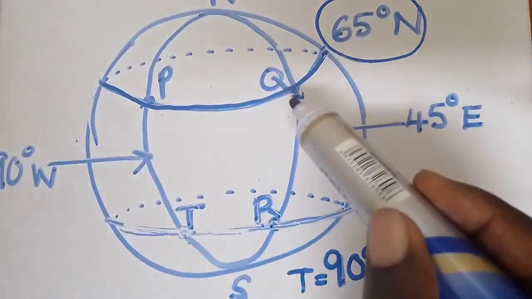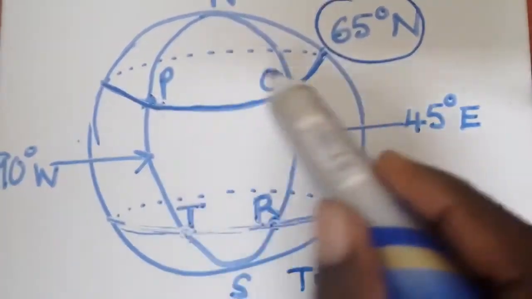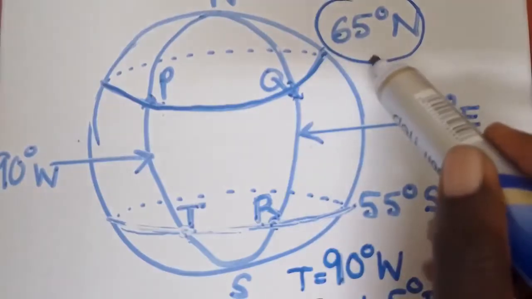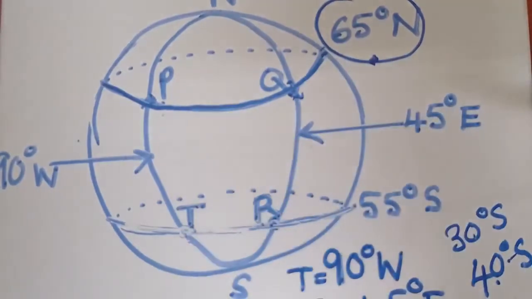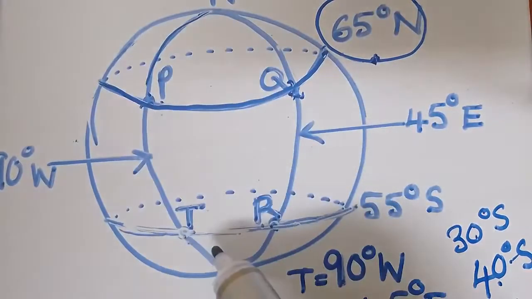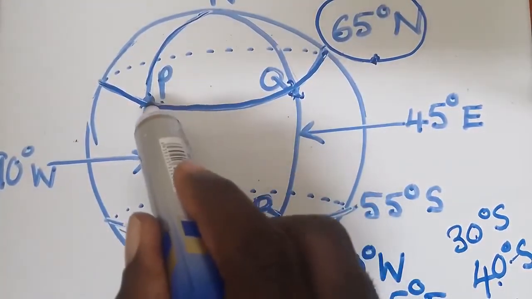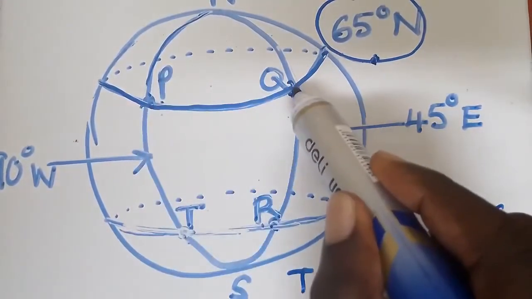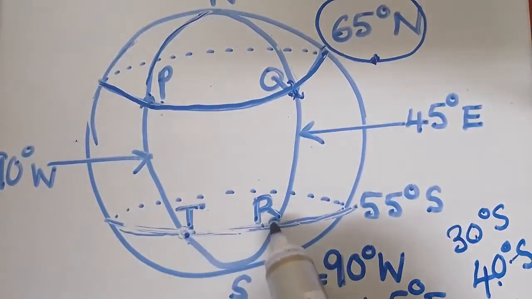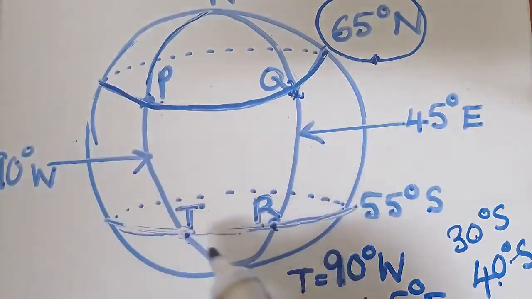The first thing you need to do is to find the difference. This latitude will not help you find the difference; the difference is found by getting the longitude. The difference between P and Q is the same as the difference between T and R, because they are on the same longitude.